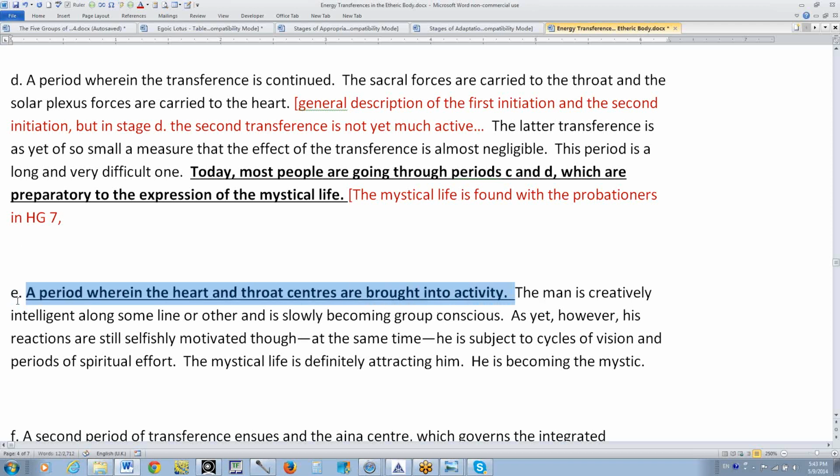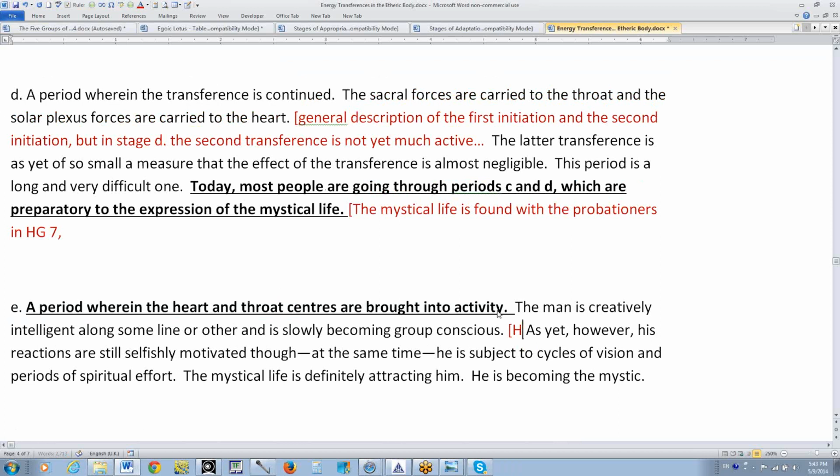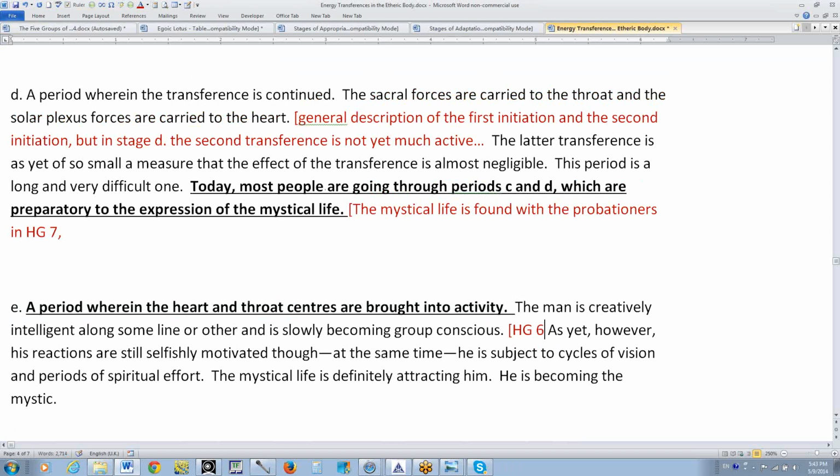Not just the throat center, which was to be found early in the game when the man is coming into his personality nature. The man is creatively intelligent along some line or other and is slowly becoming group conscious. So again, what we have here is human group number 6, which are of the creative thinkers.